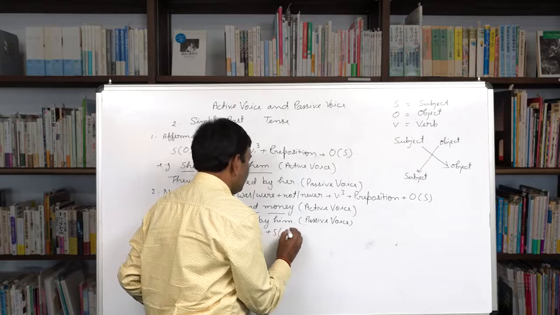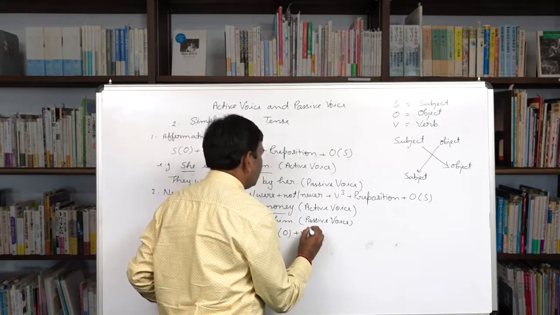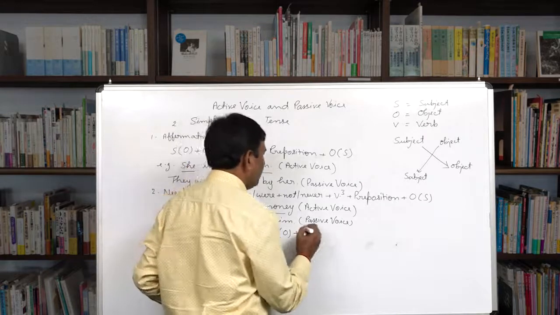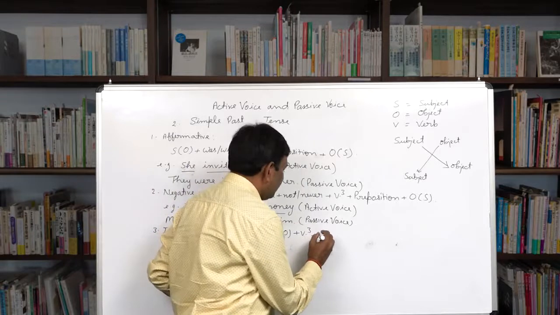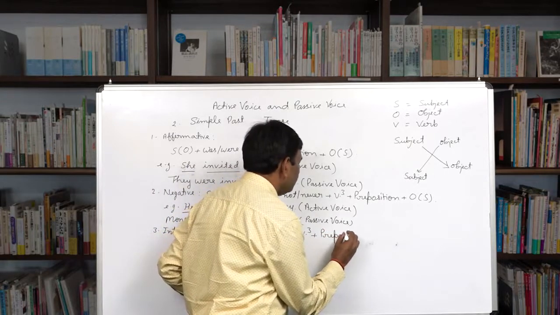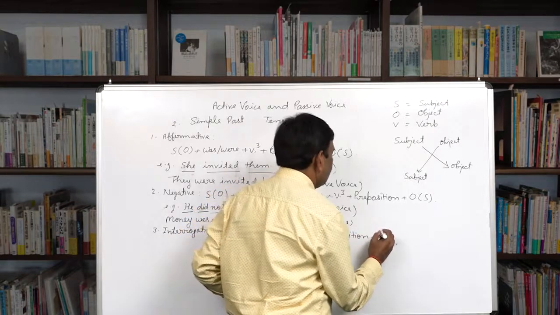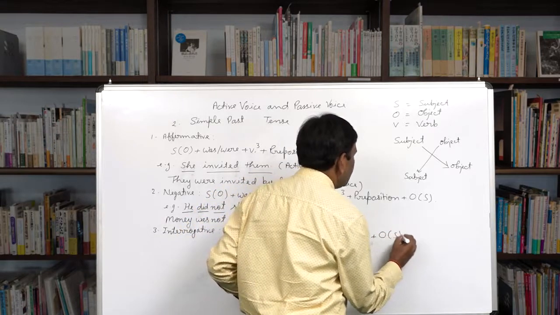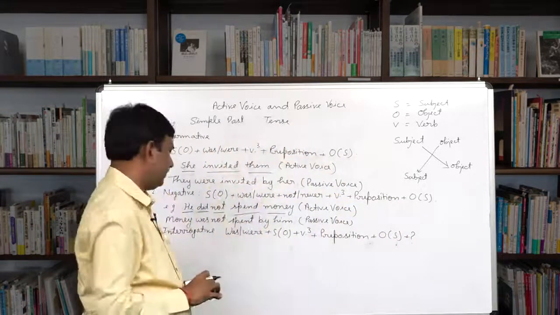The subject which is made from object, then third form of the main verb, which is also known as past participle, and after that preposition, then object which is made from subject, and finally question mark.